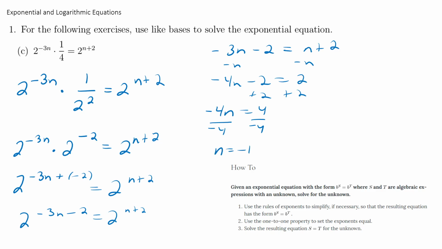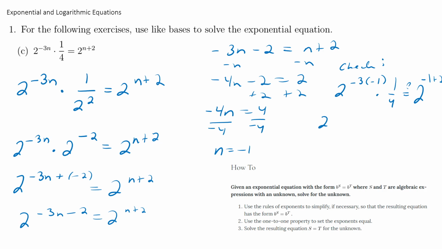And then like we've done before, we can still check this, right? So if I want to do my check here, is 2 raised to the 3 times negative 1 times 1/4, does that equal 2 raised to the negative 1 plus 2? So 2 to the negative, positive 3.